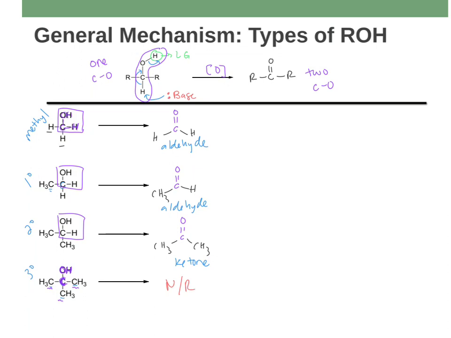We cannot oxidize tertiary alcohols. They do not have the hydrogen that needs to be plucked off in order to make that carbonyl. So no matter what, there's no reagent out there that's going to make a tertiary alcohol magically turn into a ketone or something like that.